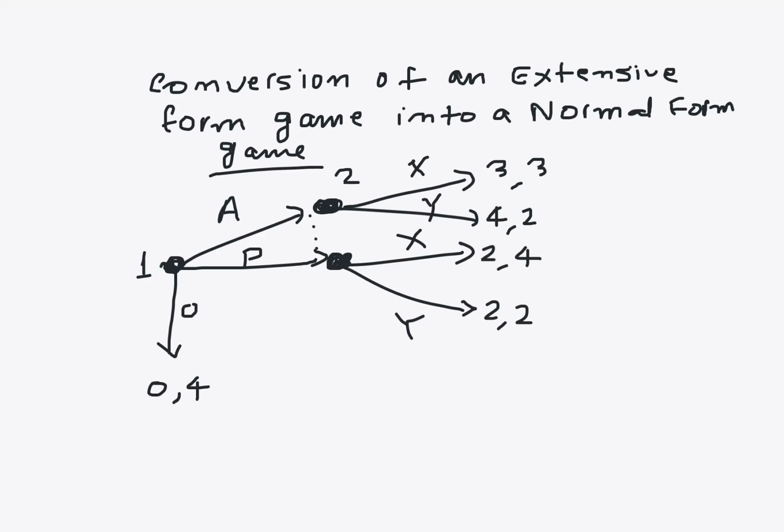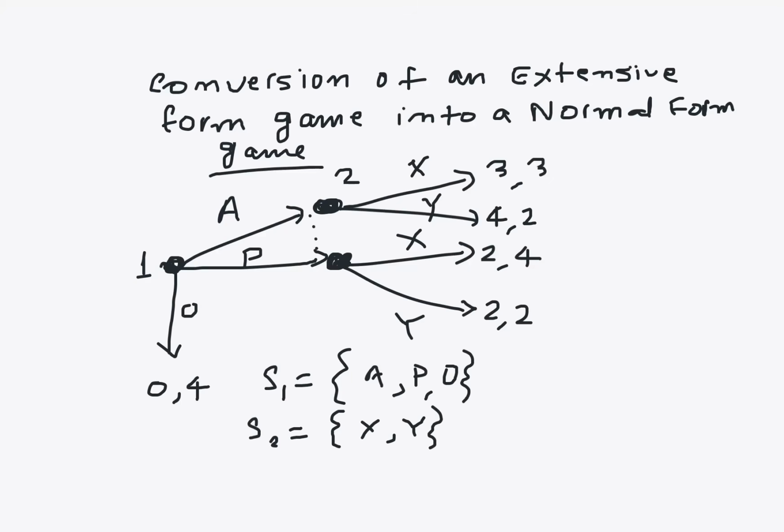So how do we convert this game, extensive form game, into a normal form game? First, let's write down the strategy spaces. For player 1, the strategies are A, B, and O. And for player 2, the strategy set consists of X and Y. All right, so we can draw a 3x2 game here.